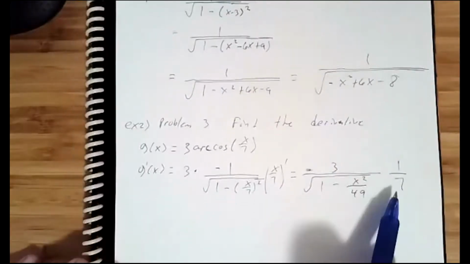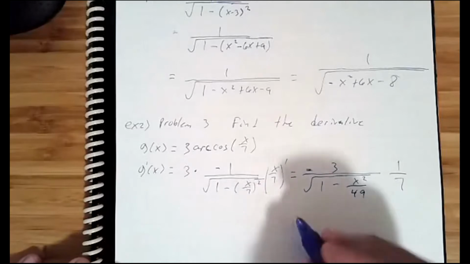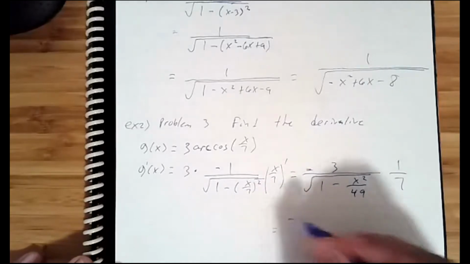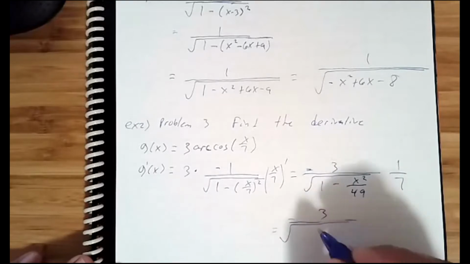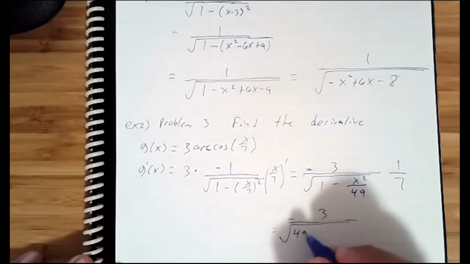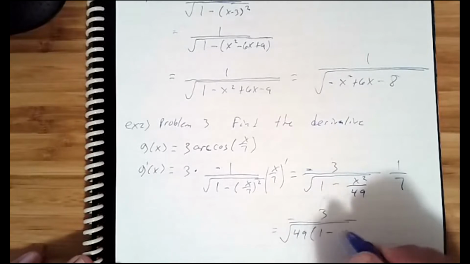So what they did was bring the 7 inside. So there's an extra step here that I forgot. There should be 49 times this.